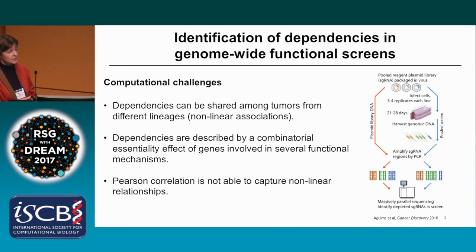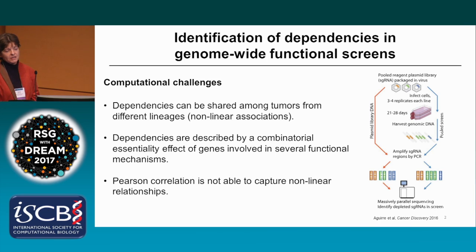essential for those lineages. Unfortunately, there are some significant computational challenges for identifying this type of genes which are essential for lineages. One of the major challenges is that dependencies can be shared among subsets of tumors from different lineages.